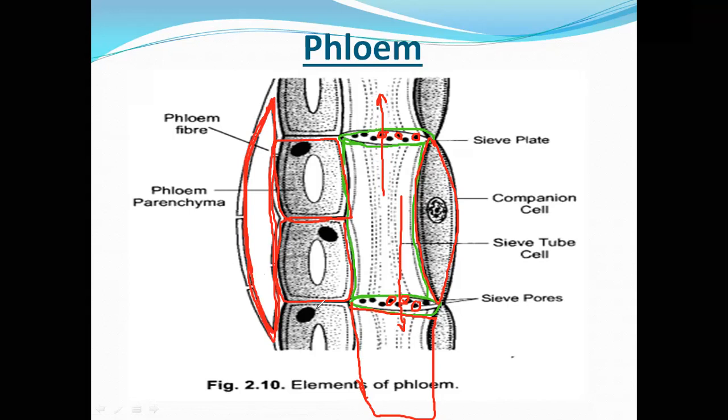All together this is called phloem. It is a complex tissue, meaning it is composed of different cells, different elements. One is a sieve tube, one is a companion cell, one is a fiber, and one is a parenchyma.